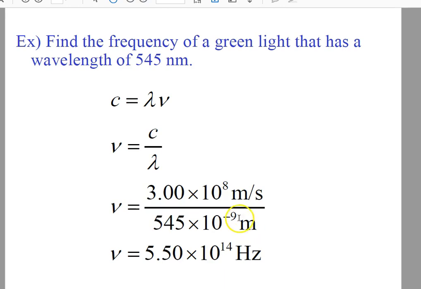That's the conversion that they did there. Then they divided and their meters canceled, leaving them with 1 over seconds, which is equal to a hertz. Very simple problems in terms of the math. Just remember to convert to make sure your units are the same.